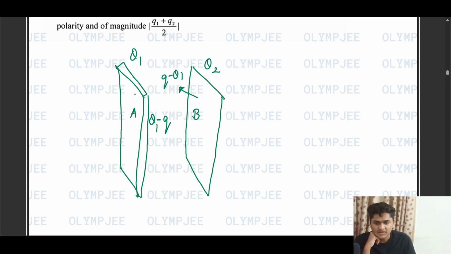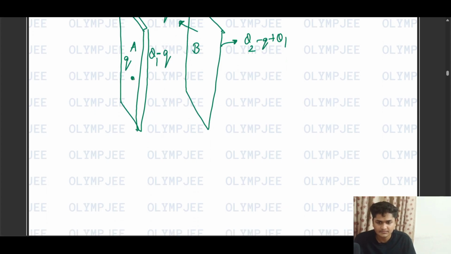And since the charge needs to be conserved, the sum of inner and outer charges should be Q1. So this will be Q. Similarly, the outer charge would be Q2 minus Q plus Q1. And since a point inside a conductor, the field is always equal to 0, let us analyze.